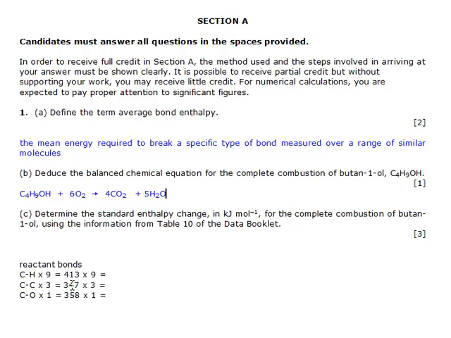And last but not least, there's an OH bond, times 1, and the OH bond is given to us in the data booklet as 464 kilojoules times 1. So that will allow us to work out the energy required to break up the reactants, apart from the oxygen.